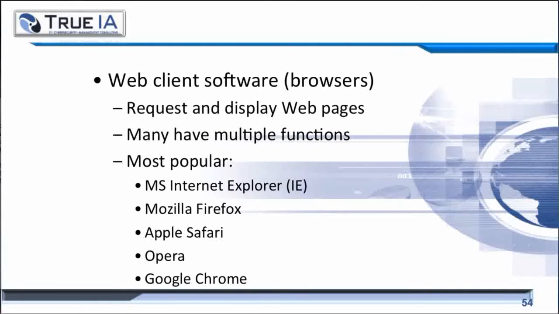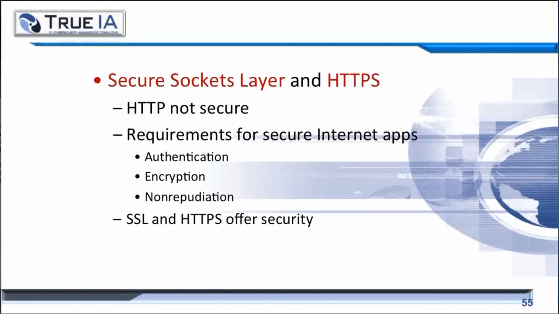However, with web client software, there the field gets a lot wider. You have your choice of Internet Explorer, Mozilla Firefox, Apple Safari, Opera, Google Chrome, and several others. Regardless of the client and regardless of the server, it's important to understand secure connection.